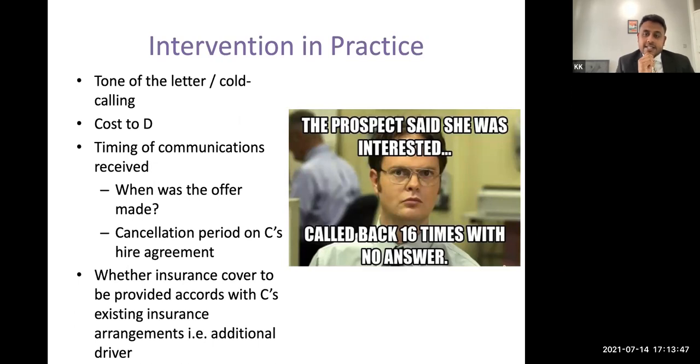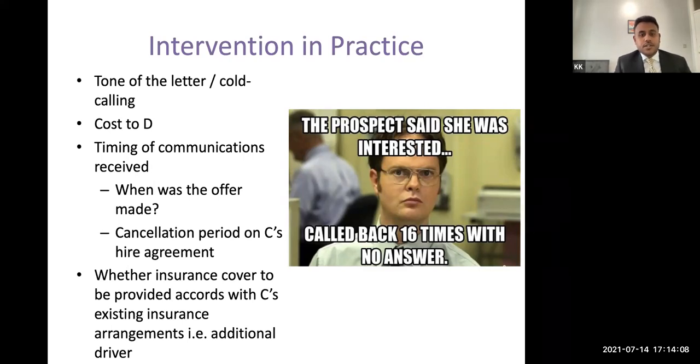The next issue of importance is the timing of communications received. I briefly alluded to it when discussing the decision in Powell and Palani, and in my experience, it's proved to be a really important factor to consider.